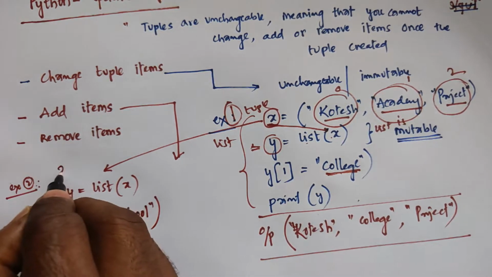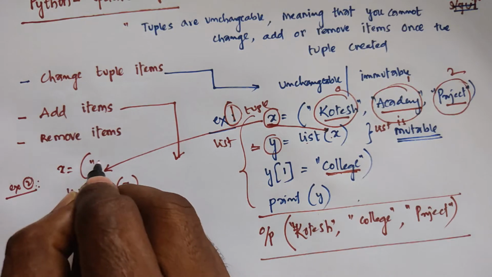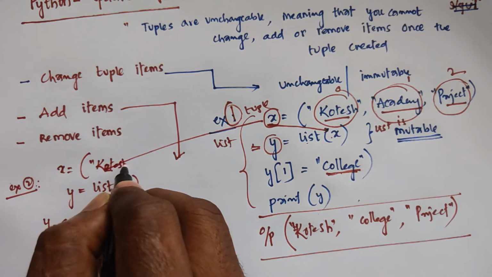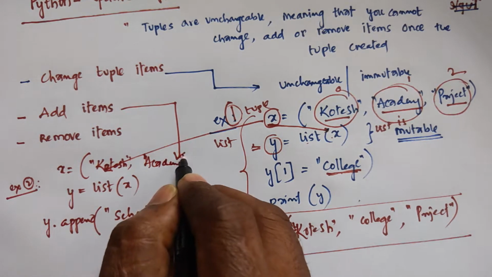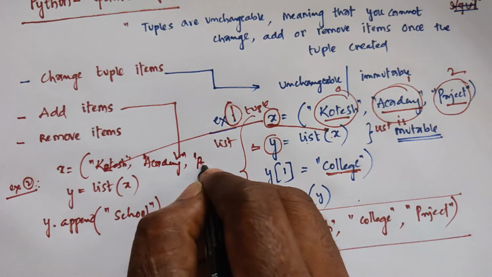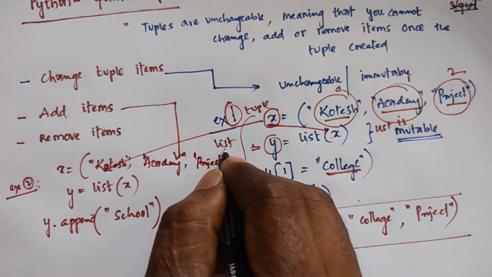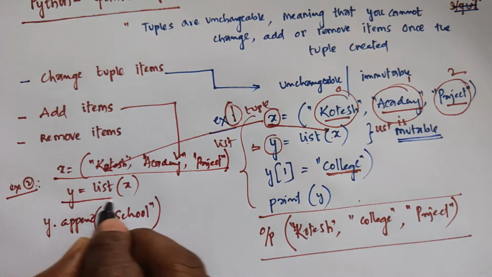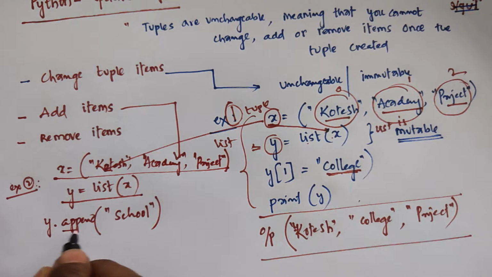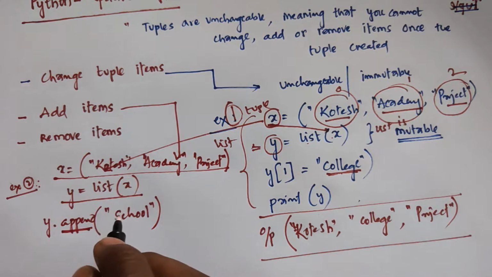What is the x value? x is equal to quotation, next academy, next project. This is the actual tuple, and this one is the list. At the end of the instruction we are adding this.